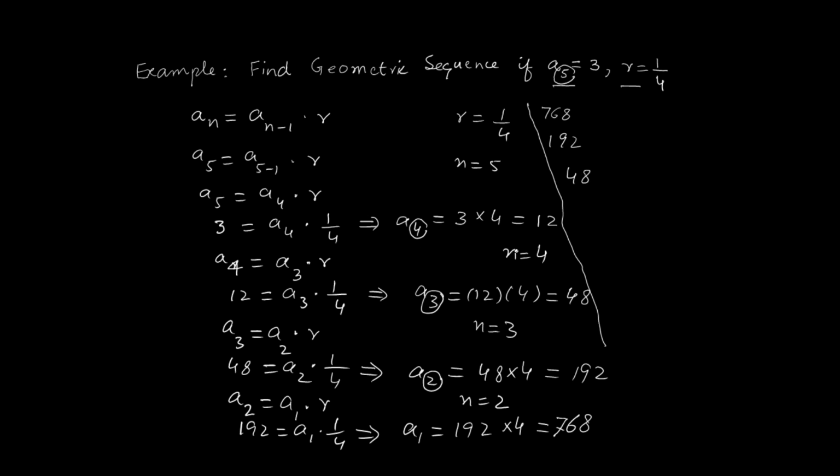And what is the fourth term? 12. And so on. So this is the geometric sequence. This is our first term, this is our second term, this is our third term, this is our fourth term, and so on.